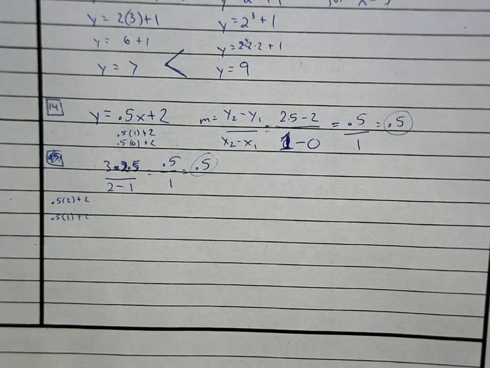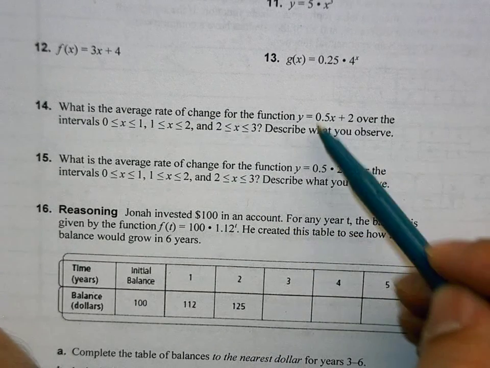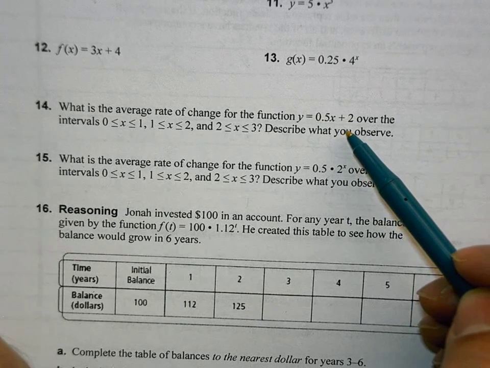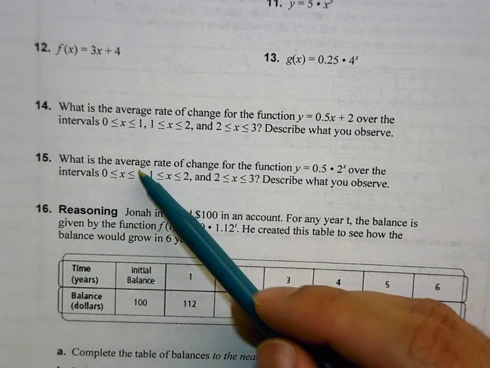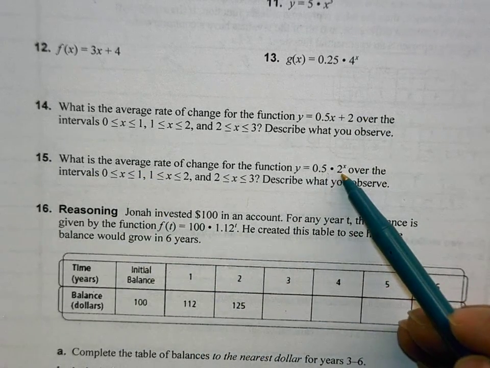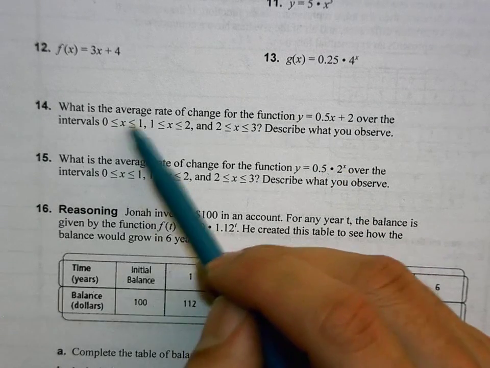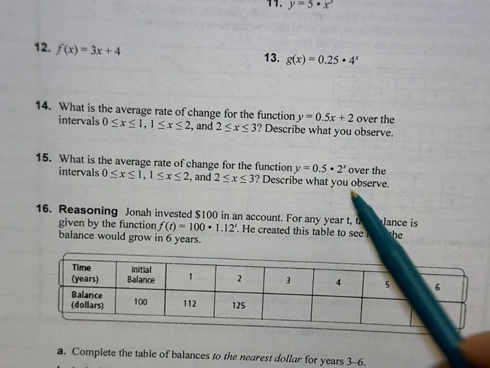What this worksheet is really trying to get you to understand is that the average rate of change is going to be one thing for this type of equation. I hope you know which it is. It's linear. Versus, what's the average rate of change for something like this? This is exponential. So what I did earlier by plugging in the values into this equation, you're going to have to do here.